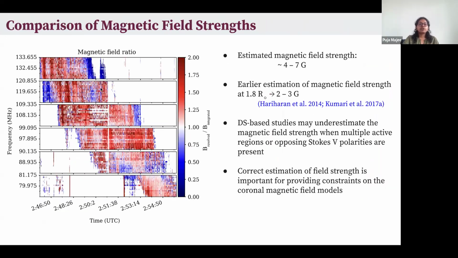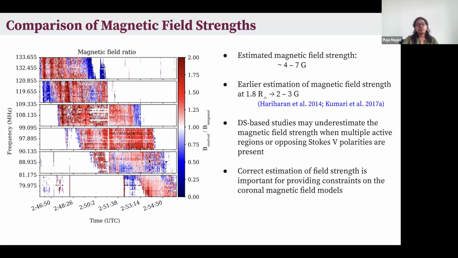So this plot shows you the ratio between the magnetic field strength from the images and the magnetic field strength which comes from the integrated information. And as you can see here, the magnetic field strength estimated from the images is always higher as compared to what we get from the integrated information.